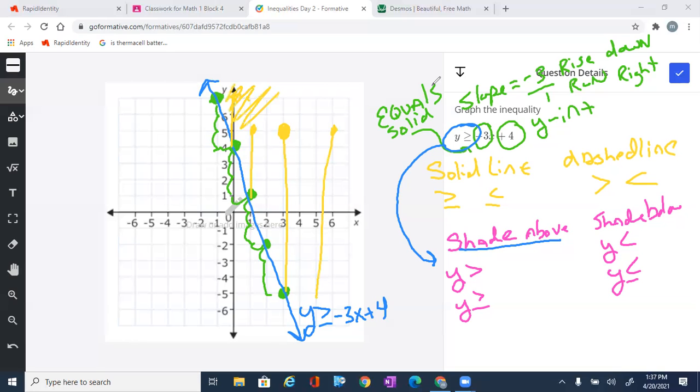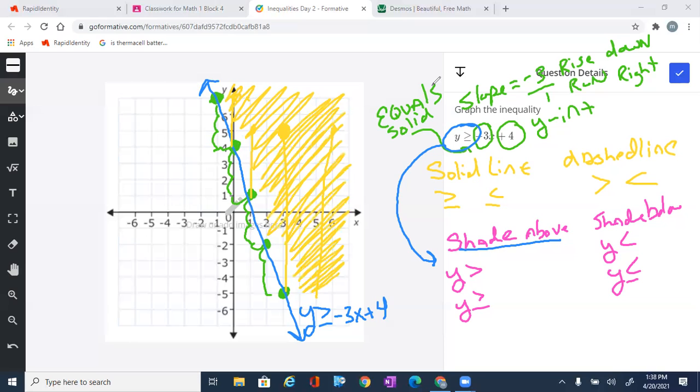So that tells us that all of these solutions on this side of the line, all these points on this side of the line are solutions to the inequality. Because it is equals, that means that the line itself is also solutions to our linear inequality.